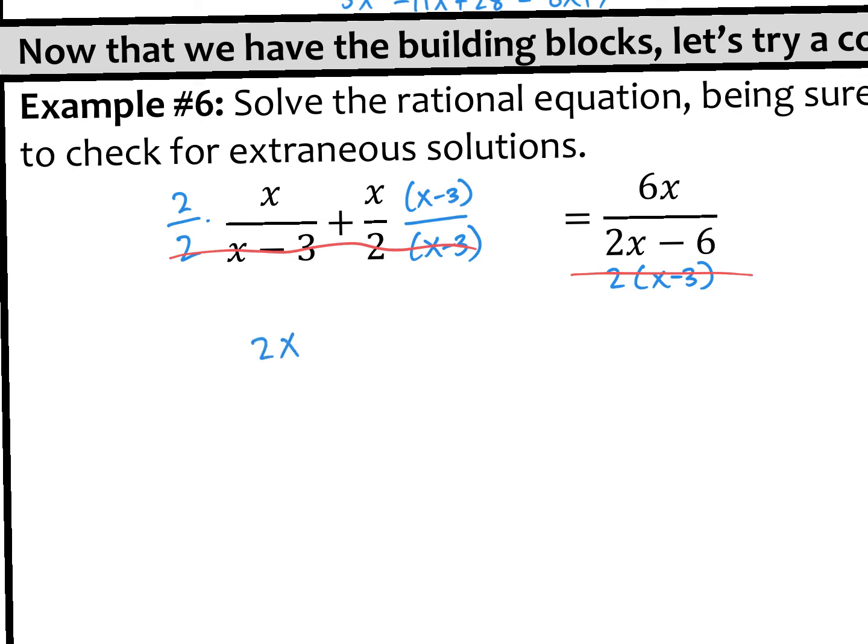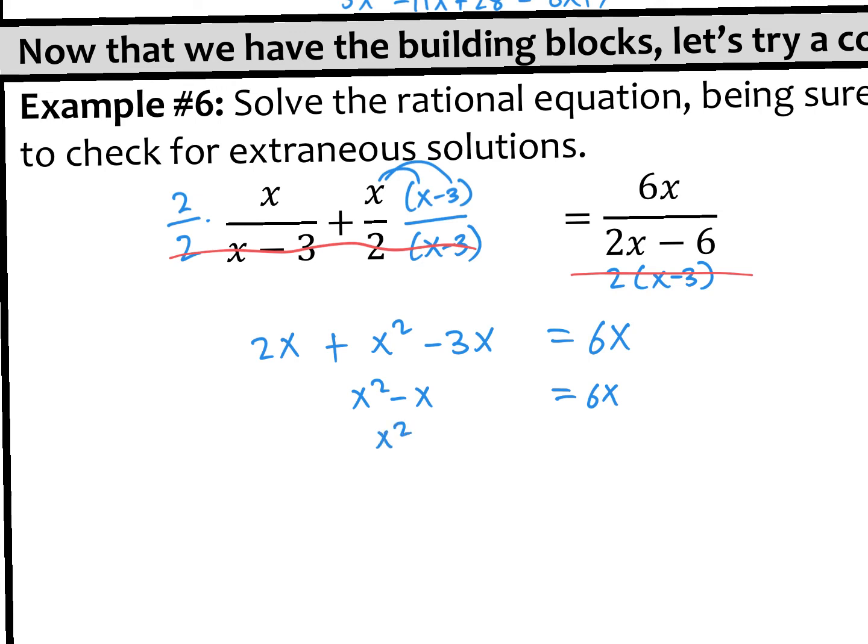Okay, so we end up with 2x plus, I'm going to go ahead and distribute, x times x is x squared, x times negative 3 is minus 3x, equals 6x. Okay, so now we have combined like terms on the left side, x squared minus x, 1x, equals 6x. I'm going to subtract 6x from both sides.